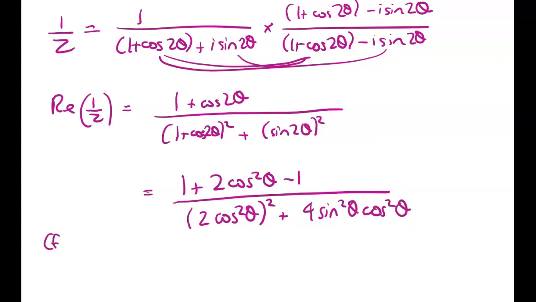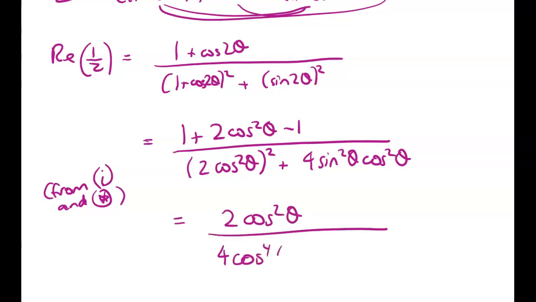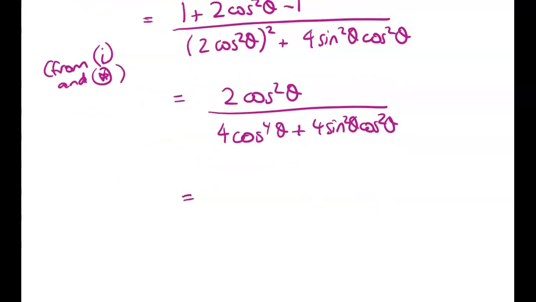And I've just put a note from part 1 and what we showed before. So that leaves me with 2 cos squared theta over 4 cos to the 4 theta plus 4 sine squared theta cos squared theta. And you can see a whole lot of stuff's going to simplify away.